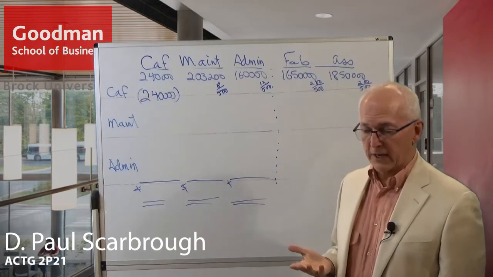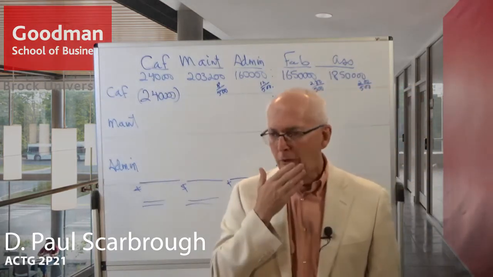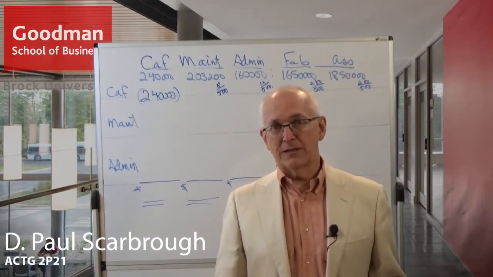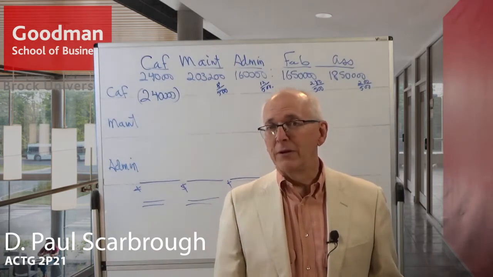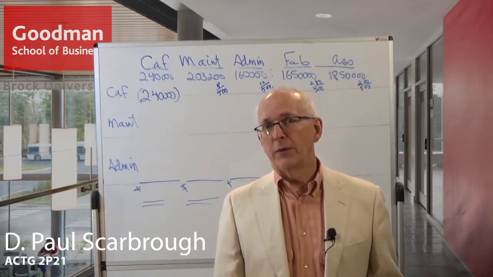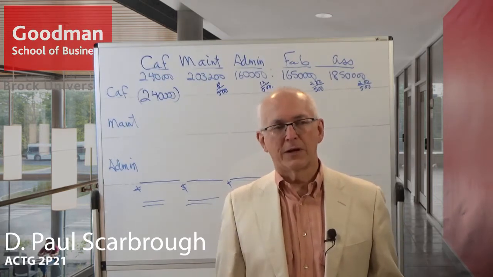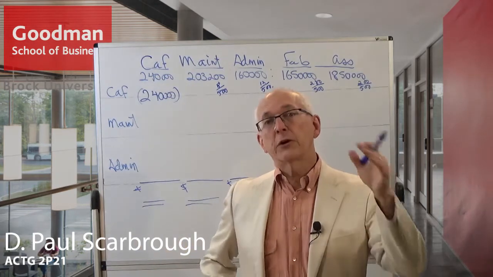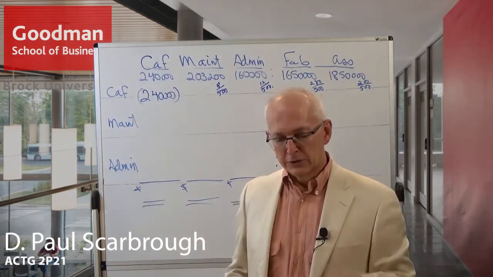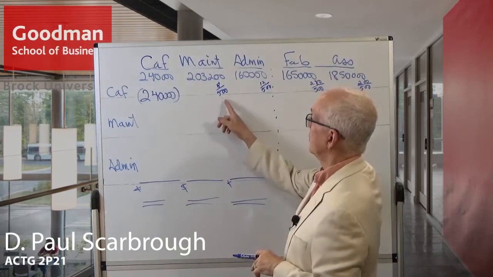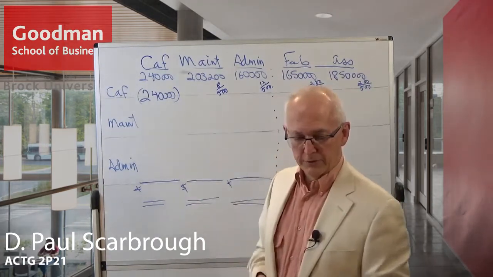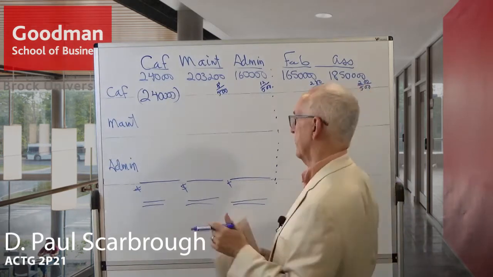We need to compute the fraction. You'll see that the answer in your book is actually correct. However, they rounded their number. So when they actually typed in what their decimal fraction was, they rounded it. Remember, I told you never round anything. Their computed answers, however, are correct. So this would be 0.016. If you multiply 0.016 times the 240,000, you'll get $3,840.